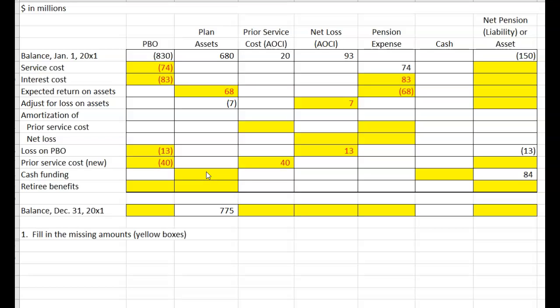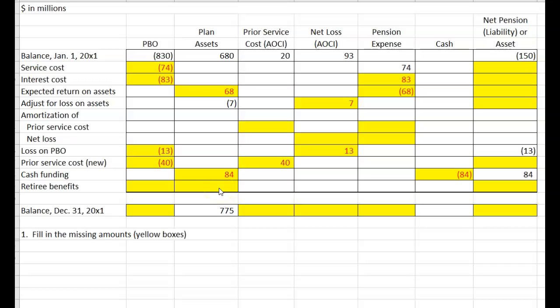So we have an increase to the plan assets and a decrease to the company's cash for $84 million. Please write those debits and credits in the proper column. Then start the video again to check your work. So we have an $84 million debit to the plan assets column and an $84 million credit to the company's cash column.